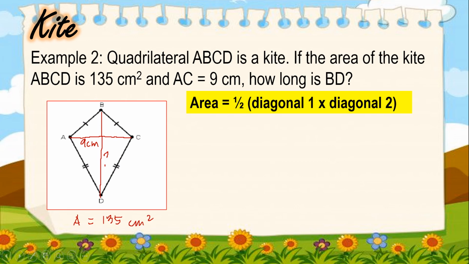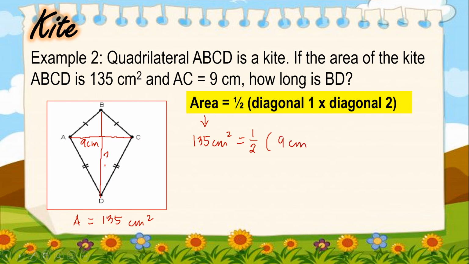Let us substitute the value of area. We know that the area of a kite is equal to 1/2 the product of the two diagonals. Area is equal to 135 square centimeters, 1/2 the value of the two diagonals. Diagonal 1 is given and that is 9 centimeters.